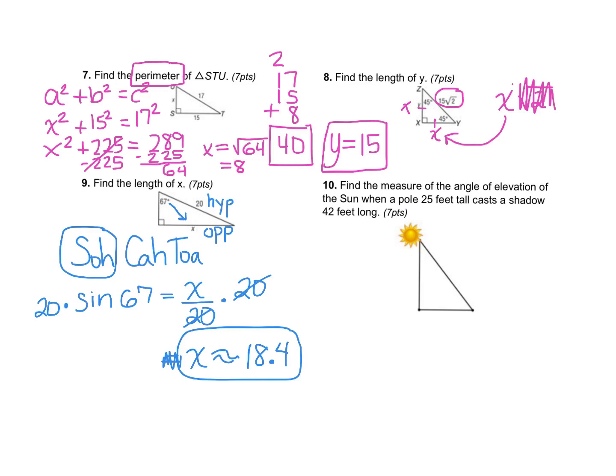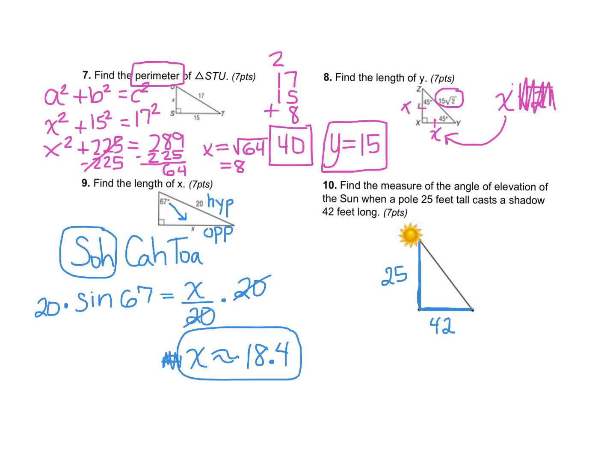All right, for number 10, find the measure of the angle of elevation of the sun when a pole 25 feet tall casts a shadow 42 feet long. So here's the pole right here, 25 feet, and it's casting a shadow that is 42 feet long. Now, as you can tell, this picture is not drawn to scale, but we're just going to fill in the information that we need here.